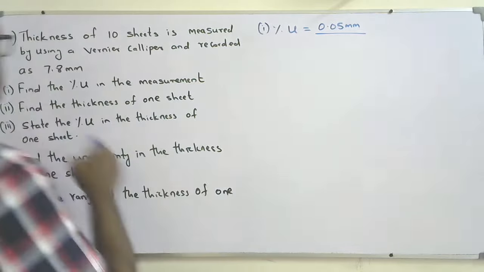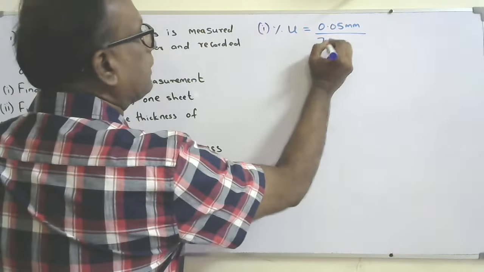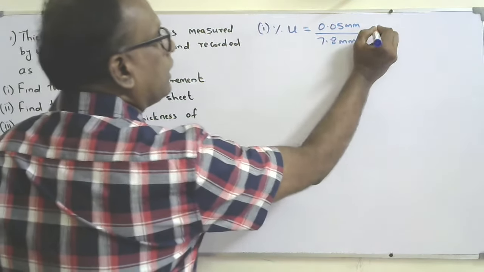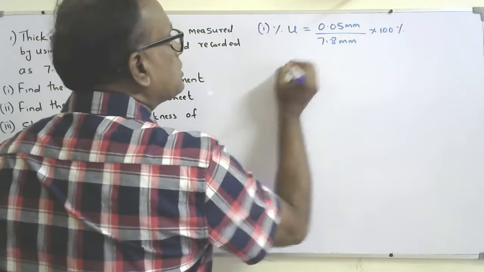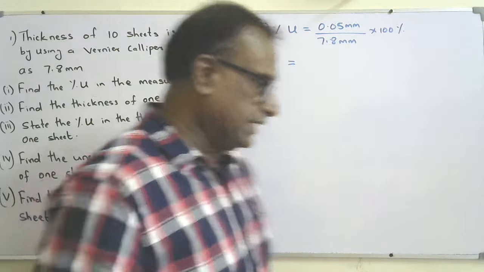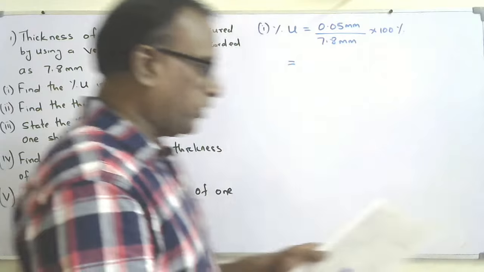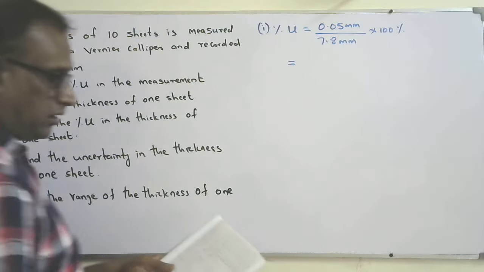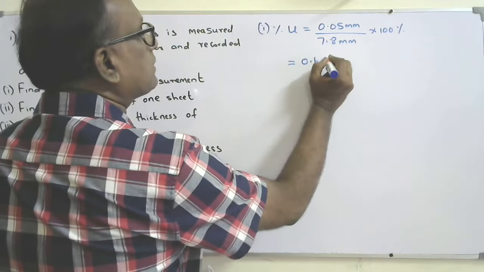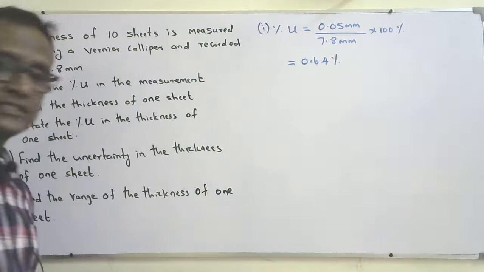Over the measurement, 7.8 millimeter, into 100%. So the percentage uncertainty in the measurement will be equal to 0.64 percent. That's the first part answer.